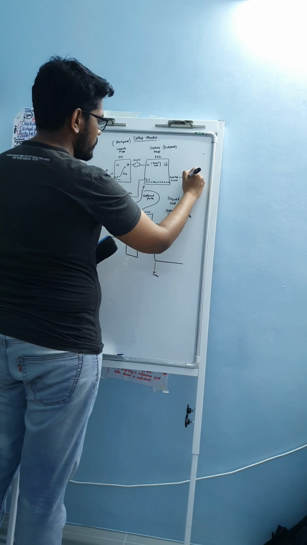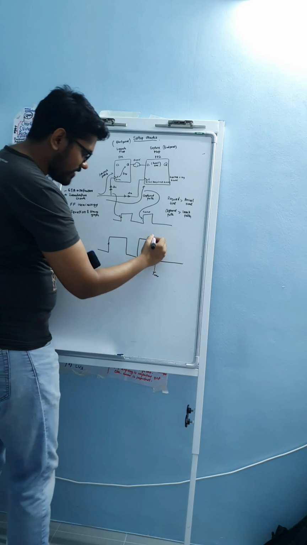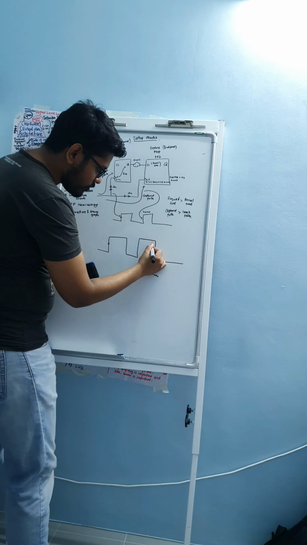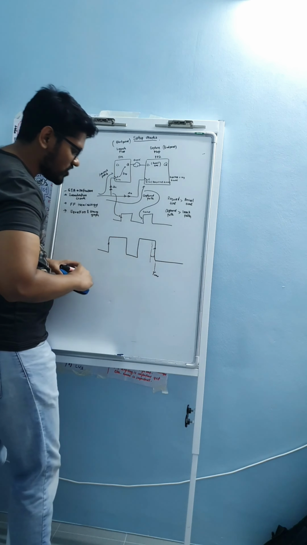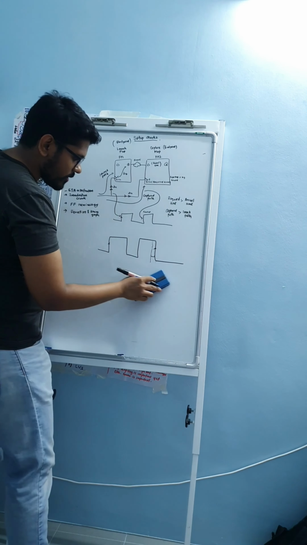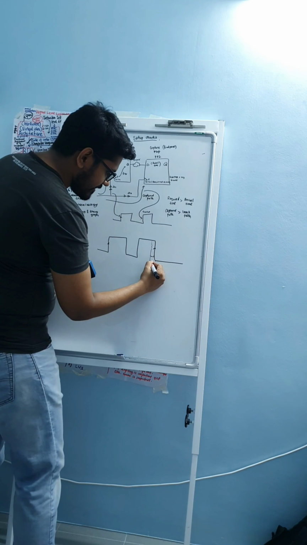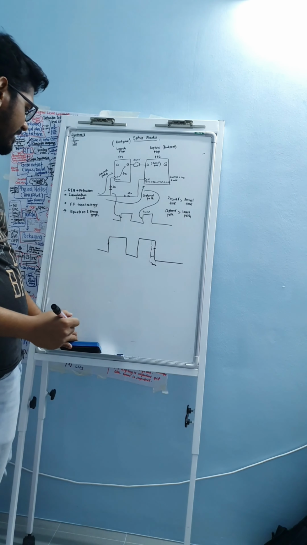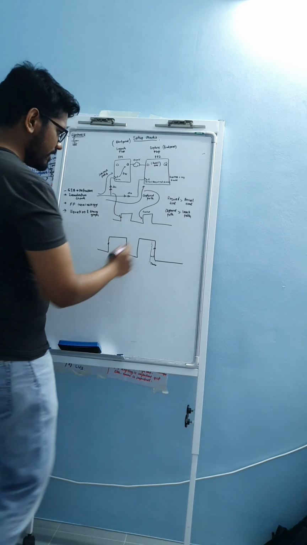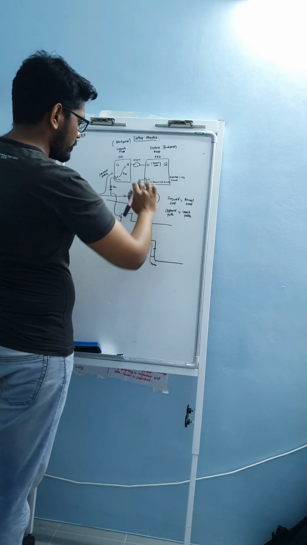It means that you have to make sure the data has reached before this T setup value. So you have to understand the captured path or the required time.